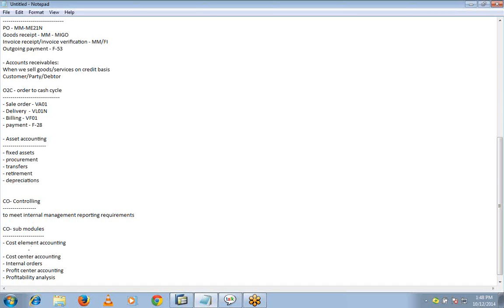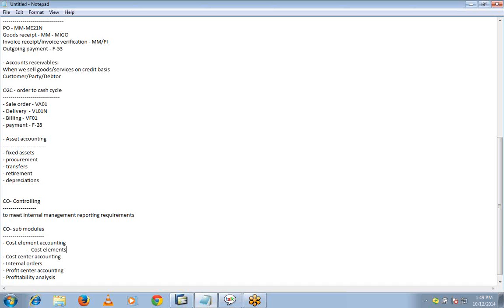Yes. Cost element accounting covers cost elements. Now, what it means is that you have general ledger accounts on the FI side, right? You are going to create different general ledger accounts in the FI module, because without GL accounts, you cannot capture any financial information in the SAP system.